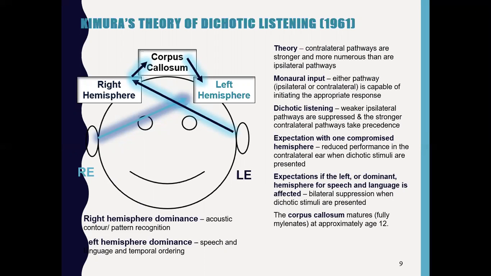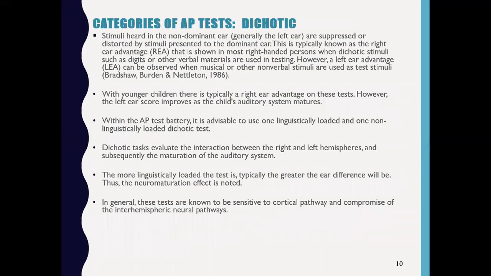And so that's one of the reasons why we want to reevaluate periodically to see if their left ear comes up in auditory processing. What happens with this, and the analogy I gave in the first few weeks, is that there are two skills, binaural integration and binaural separation.